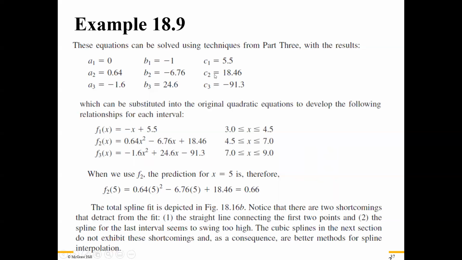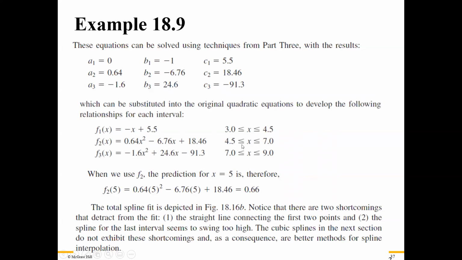These values we can input into the general form of the equations, and then we get the three equations. The first equation is for the first interval, the second equation is for the second interval between 4.5 and 7, and the third equation is for the interval between 7 and 9.